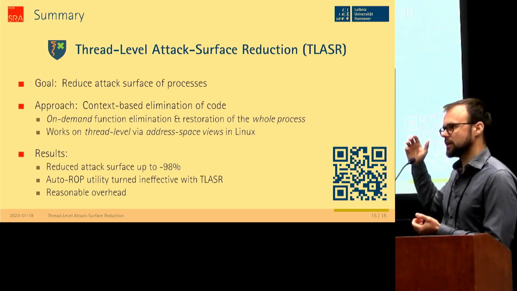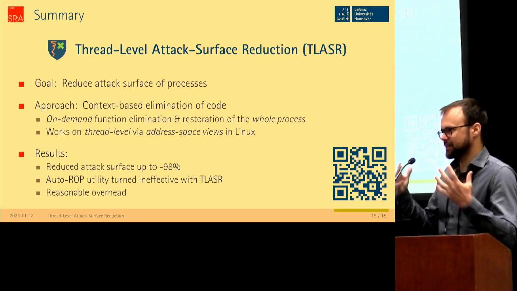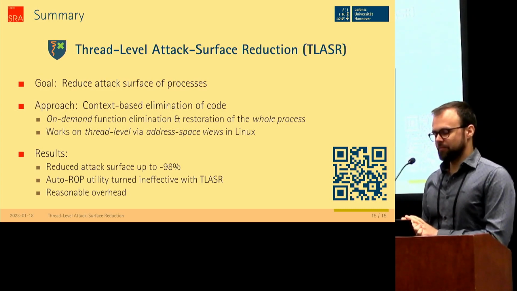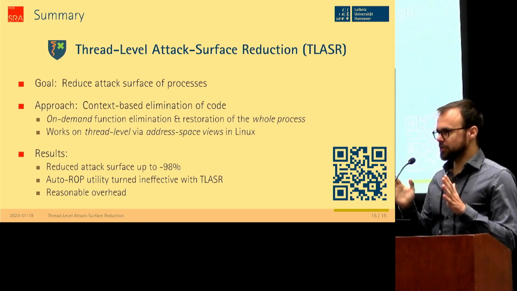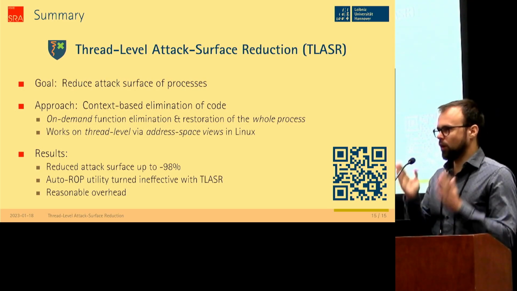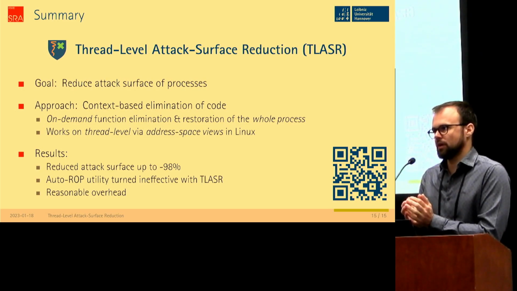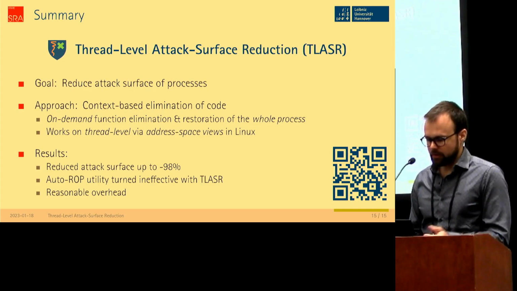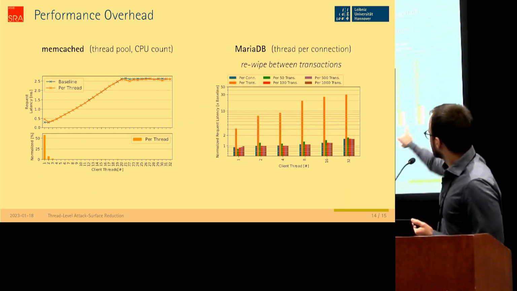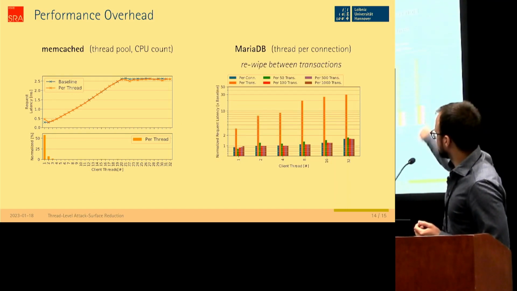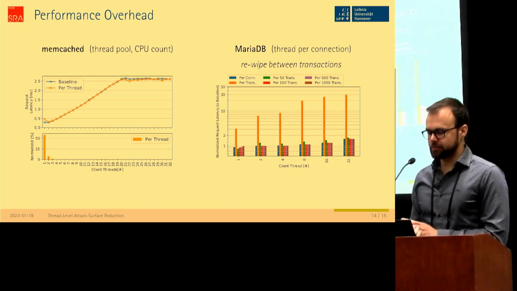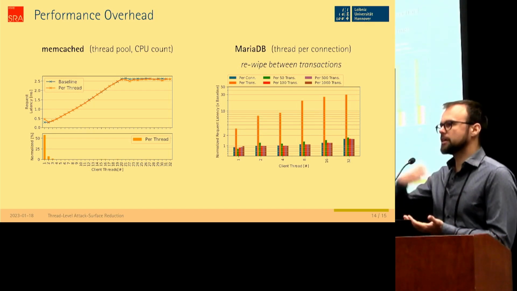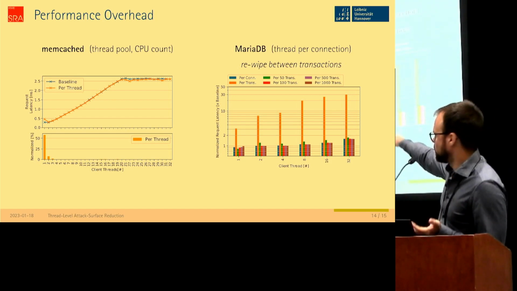Most of this arises from the thread separation, and the question is why? Because we do the wiping only once, and then the functions remain loaded until we manually rewipe. Like we can see here, in this graphic on the right, if we rewipe everything after each transaction, then the overhead is really high.